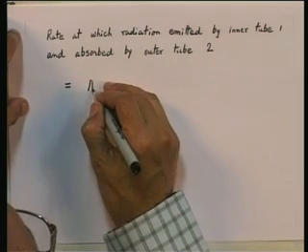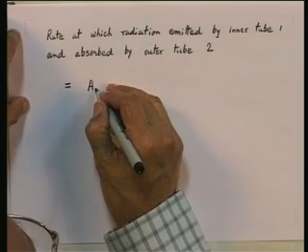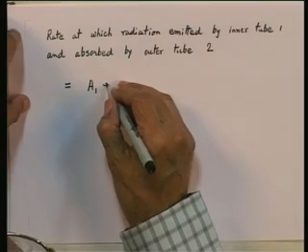A1 is the area of the surface 1 and E1 is the emissive power.